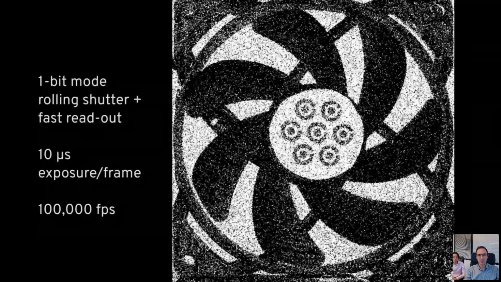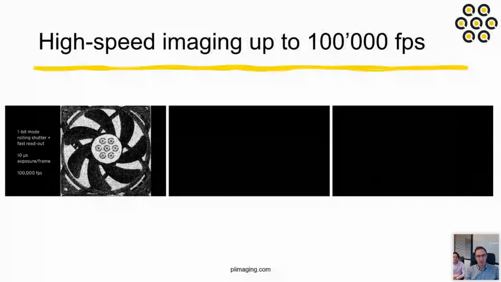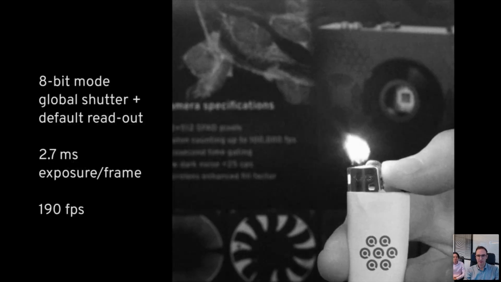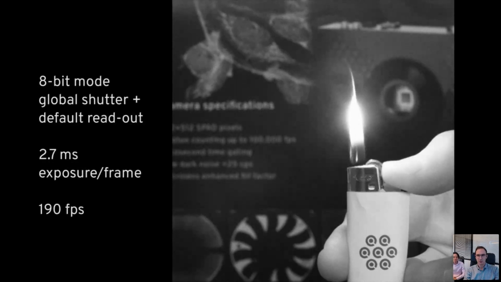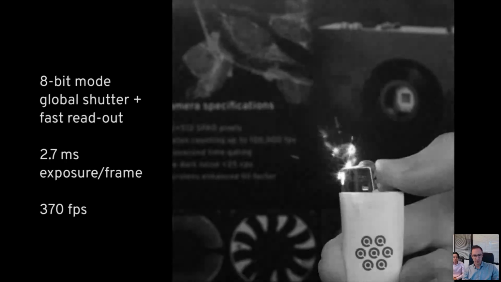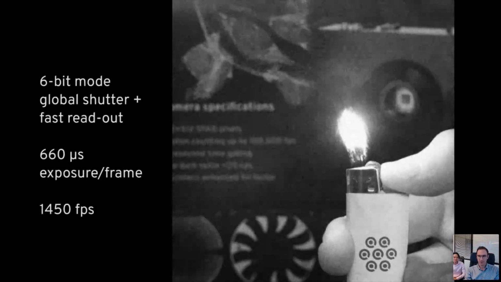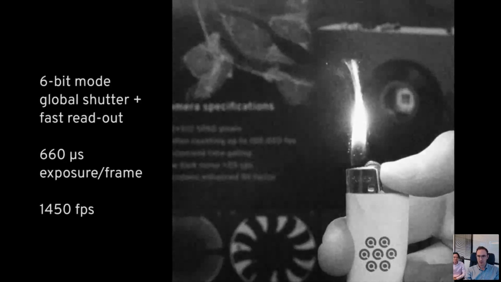Here we see at the end 1-bit video with 100,000 frames per second. And then we have different examples with different frame rates offering the capability to capture really fast motions.